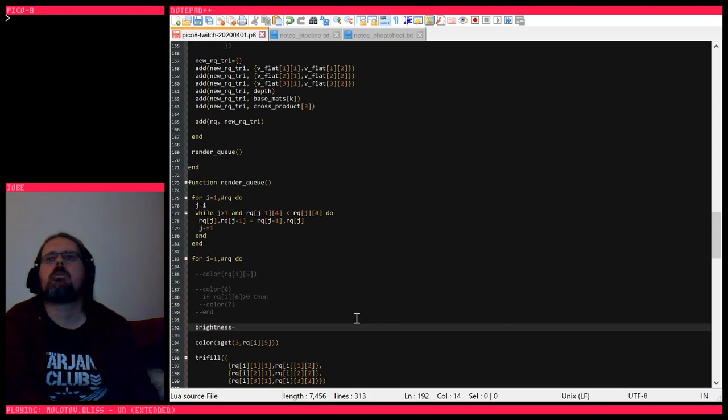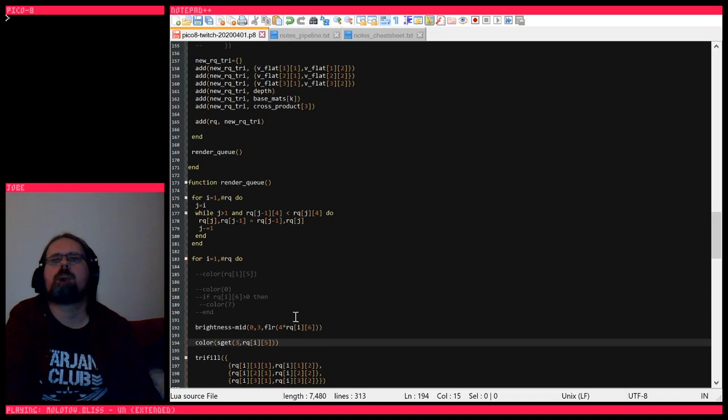And so that's RQI6. Now let's multiply it by 4, and now let's make sure it's between 0 and 3. So let's clamp it to 0 and 3, and let's make sure it's going to be an integer.